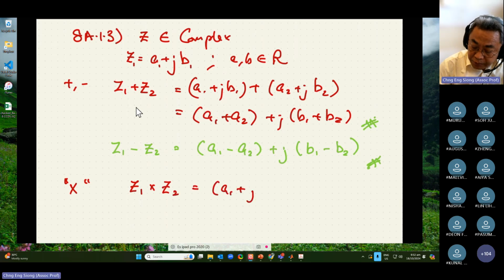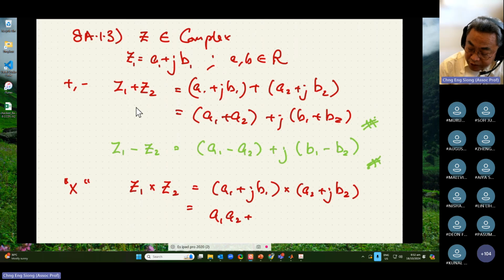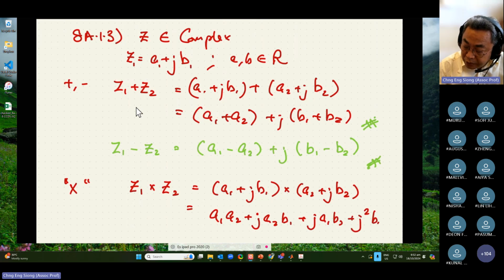A1 plus JB1 multiplied by A2 plus JB2. You can do brute force: A1 A2 plus J A2 B1 plus J A1 B2 plus J squared B1 B2. Okay, you can do it with this brute force.